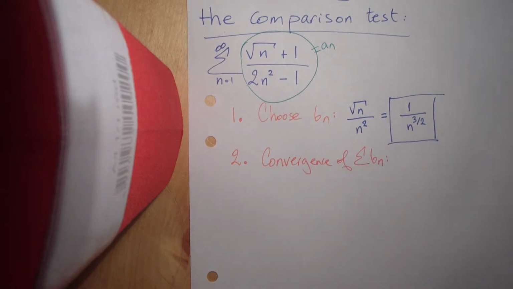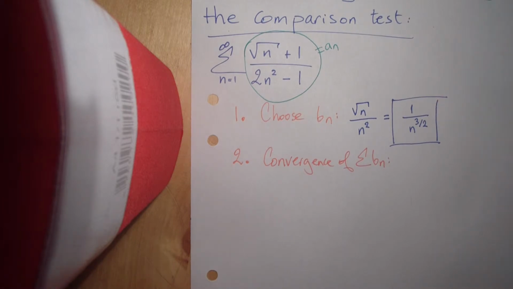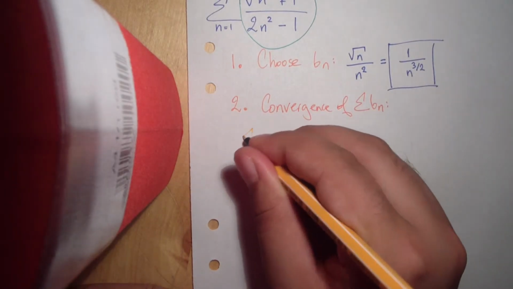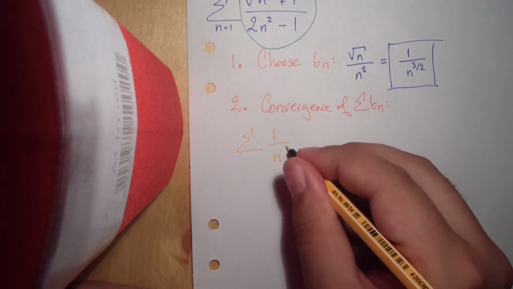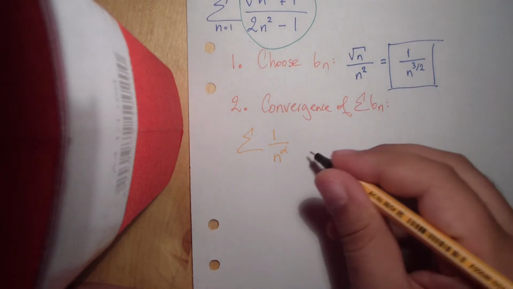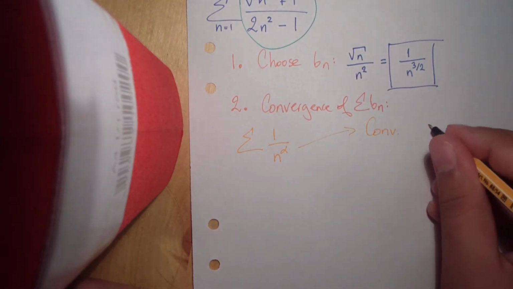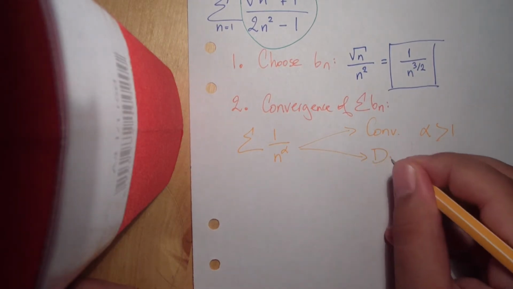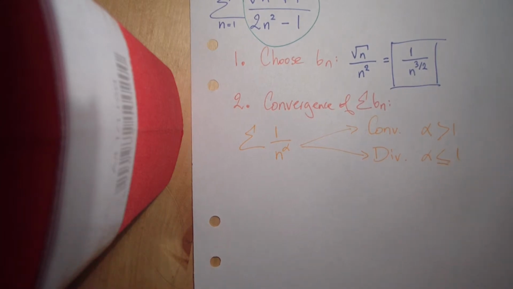Well, this should be really easy as long as we get our bn to be in this form, because there is a rule that says, I remind you of this, if we have a series of the form 1 over n to the power of some number alpha, then this series will converge if alpha is larger than 1, and it will diverge if alpha is less than or equal to 1.